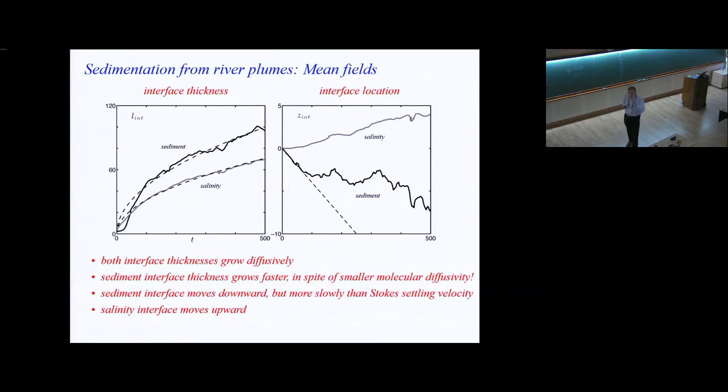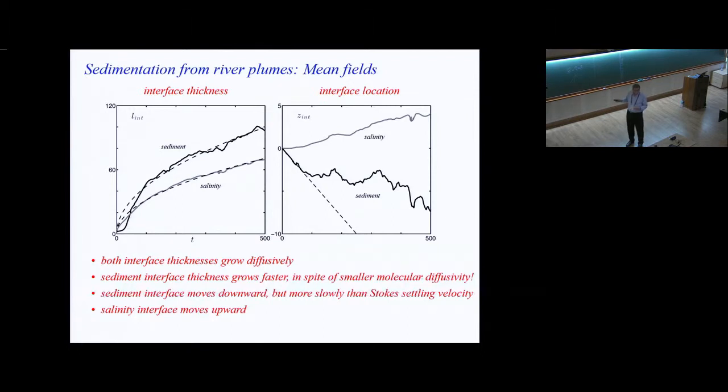And then we can also track the center of these error function profiles as a function of time. And what that shows us then is that the center of the sediment profile moves down with time. Initially, it moves down at the rate of the Stokes settling velocity, which is this dashed line.